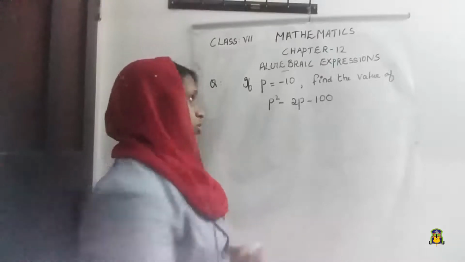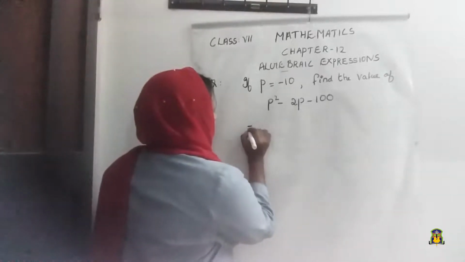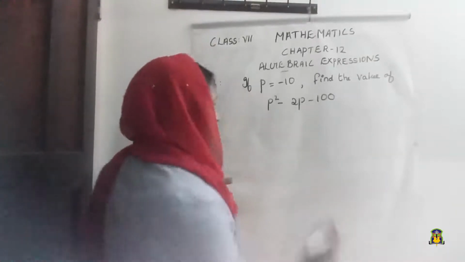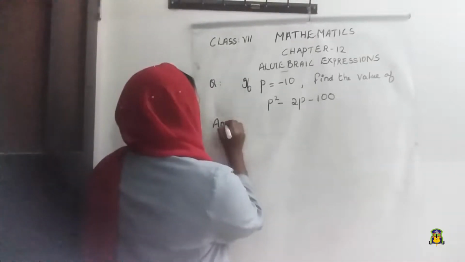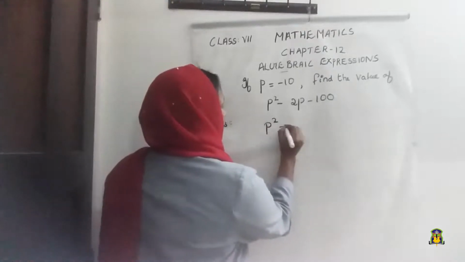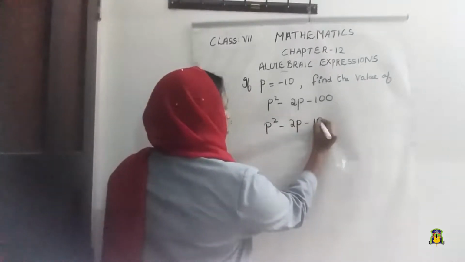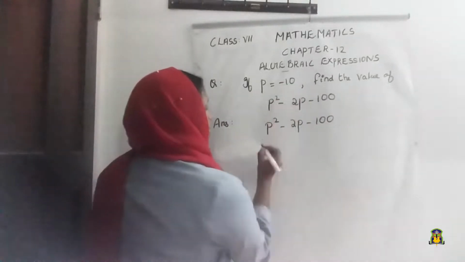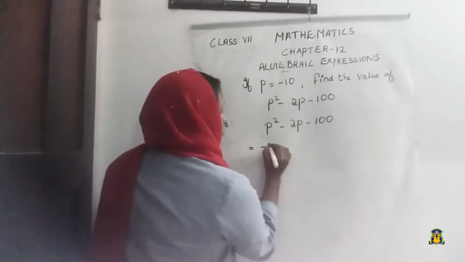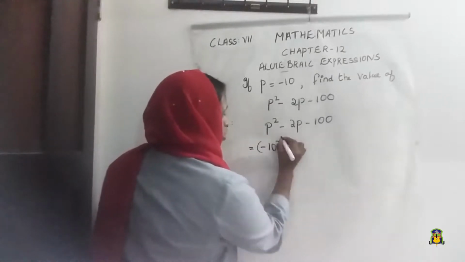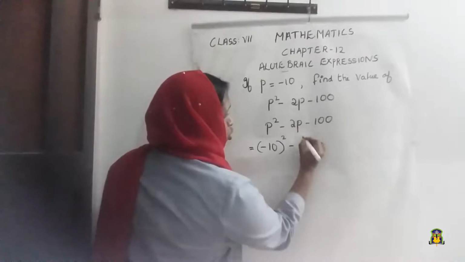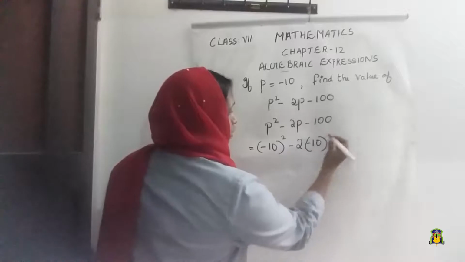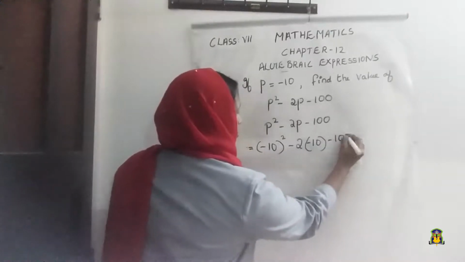That means negative 10 square minus 2 into p. Instead of the p we want to give here negative 10, minus 100.